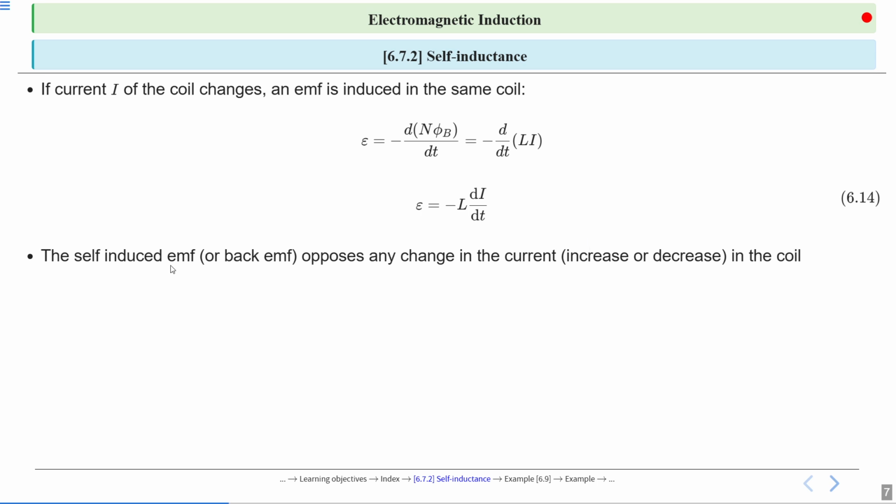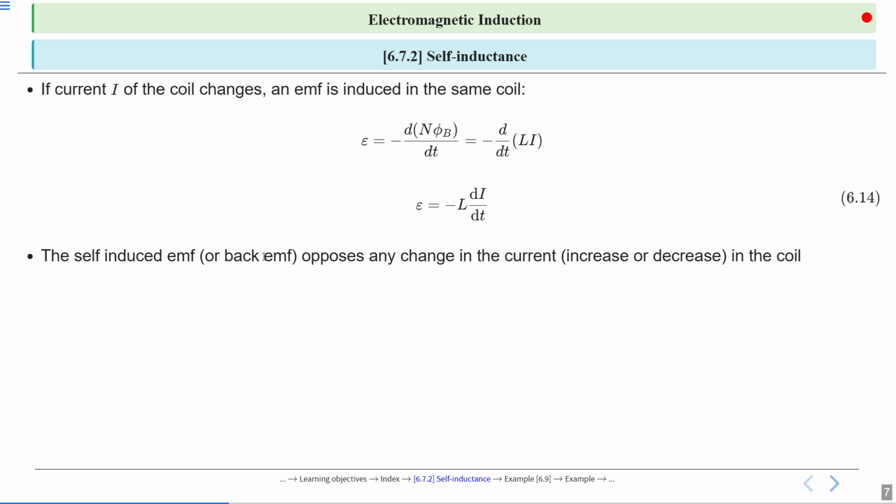The self-induced EMF is the EMF that is induced in the same coil in which current is changing. So this is self-induced EMF, or we can say back EMF. In case of self-inductance, that induced EMF is also called back EMF.